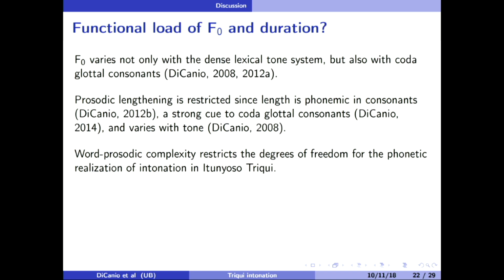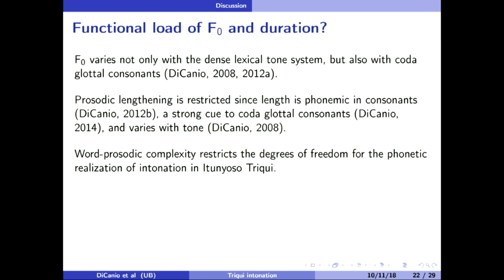If we think about functional load in relation to the Triqui data, F0, as I've mentioned, varies with tone, but it also varies with the coda consonants. If you have a coda, the coda laryngeal can influence the F0 to a certain degree as well. So F0 varies along those dimensions.